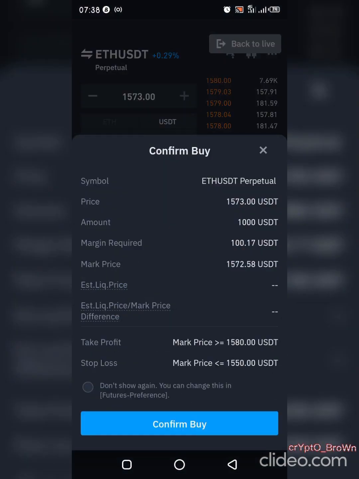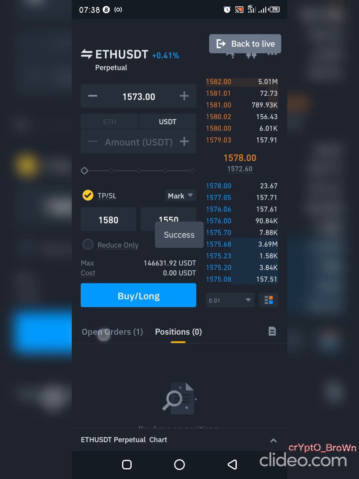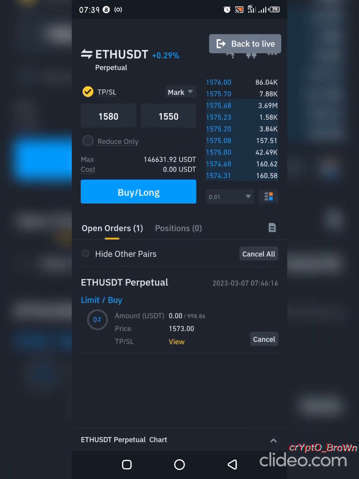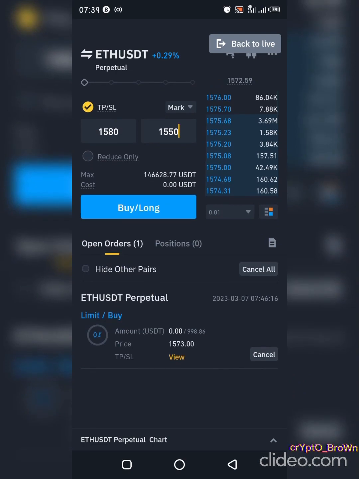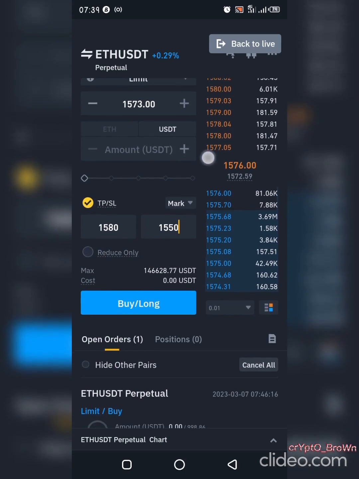Now after clicking on buy, you can choose to not show this again, because you'll be asked to confirm the buy. And when you confirm the buy, it comes into your open orders, because when it comes into your open orders, it means the price at which you decided to enter the market has not been reached.